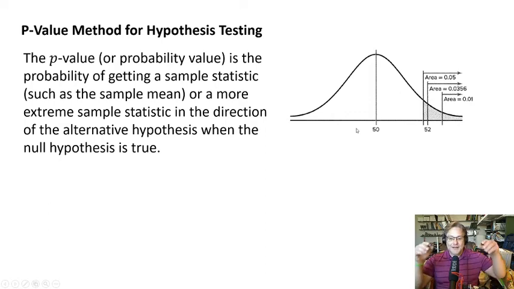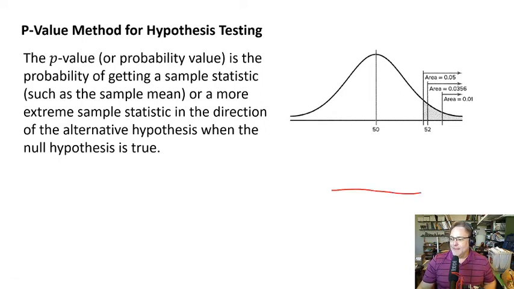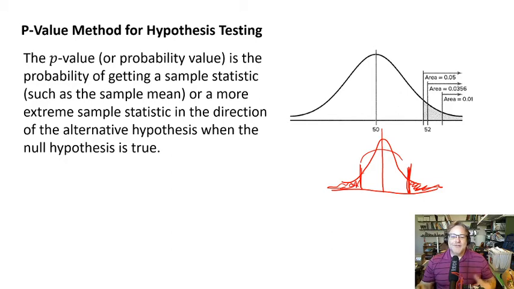If this is a two-tailed test, and let's say you get a test statistic that's out here, then you have to take this area out here plus this area out here to find out what your p-value is. Basically, the p-value is the probability of getting a test statistic that's more extreme than what you've got. So that's essentially what it is.